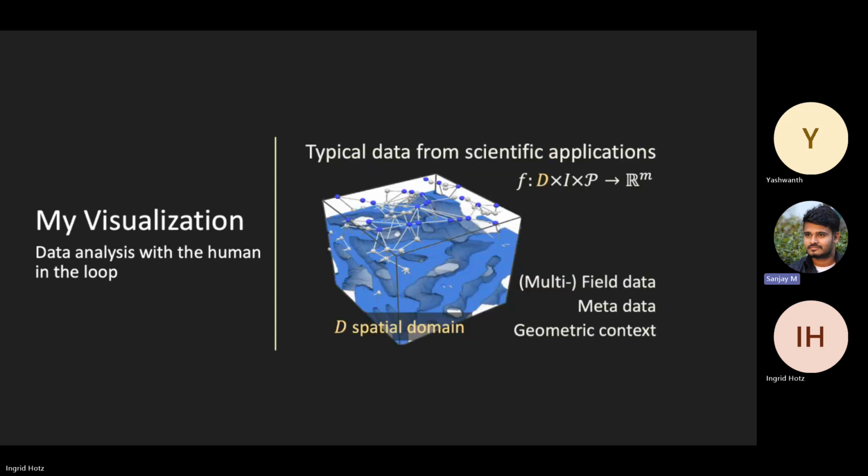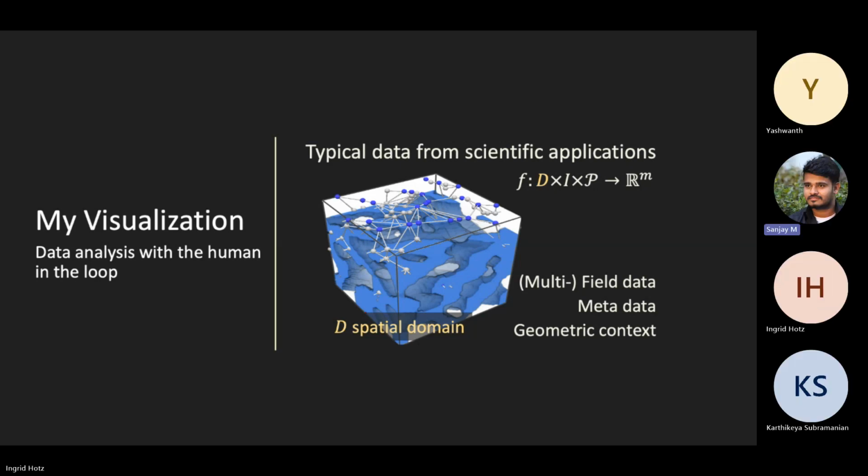The kind of data that we are typically dealing with is something that we call multi-fields. This means we have some spatial context. Typically, we have a spatial domain, and every point in the domain is mapped to some attributes. For example, you can think of this room, and for every point in this room, I can assign a temperature value, and maybe a pressure value.